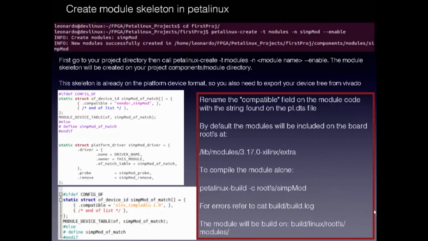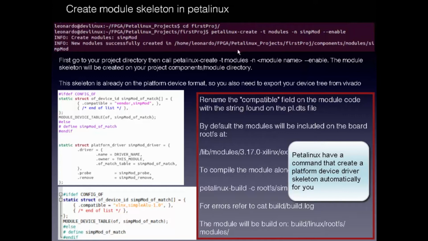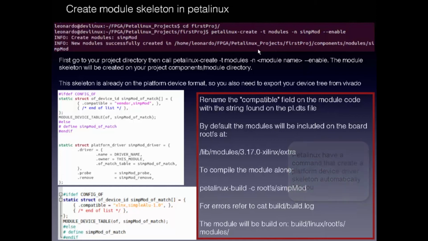How do you create a device driver in PetaLinux? As you may suspect, PetaLinux also has a command to create a skeleton device driver. You just run petalinux-create -t modules -n, the name of the module, --enable, and this will create a skeleton of a device driver.